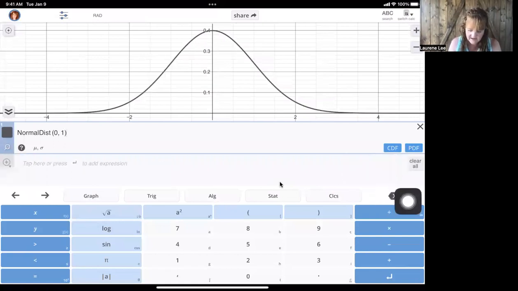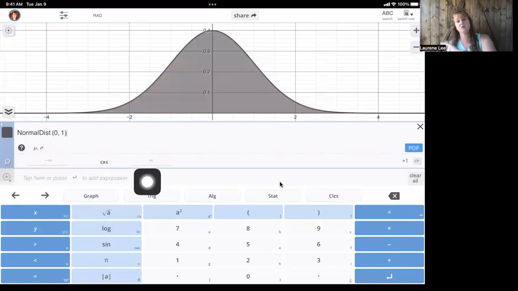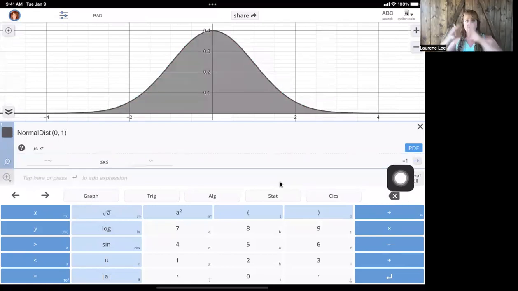So if I type on that, it offers me an inequality. Right now, the whole thing's colored because it says negative infinity to infinity. That's the area under the whole curve. Guess what it is? It's 100%. This is 100% of the data points. Now we want to limit those.